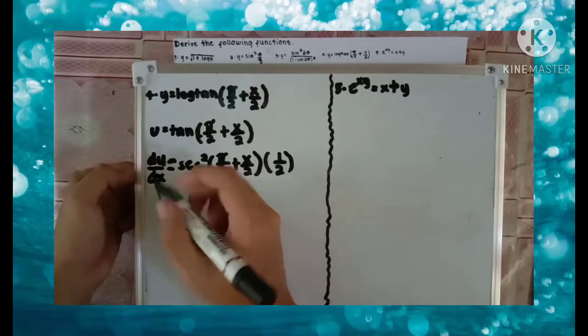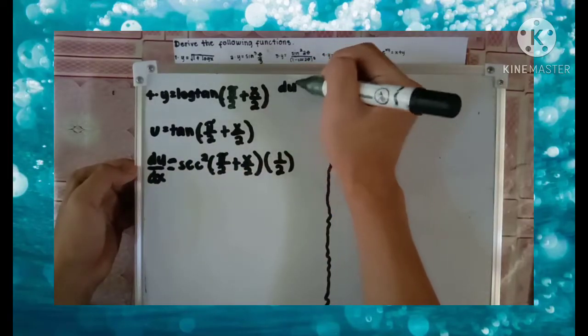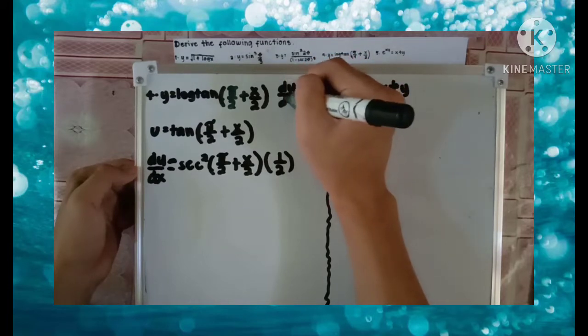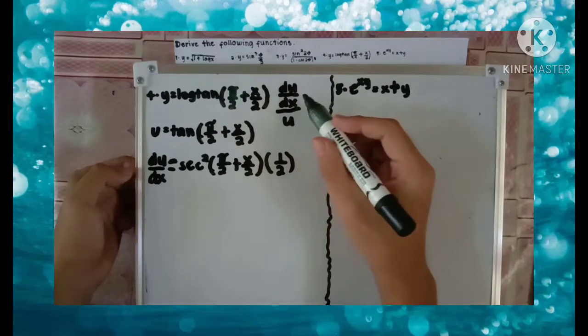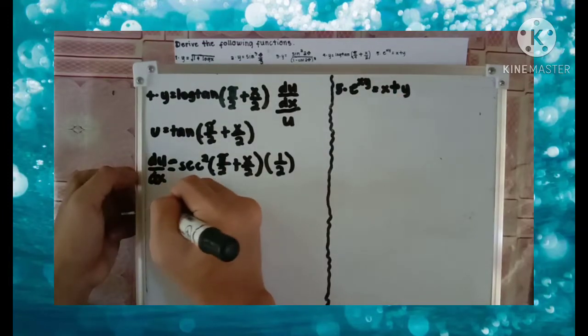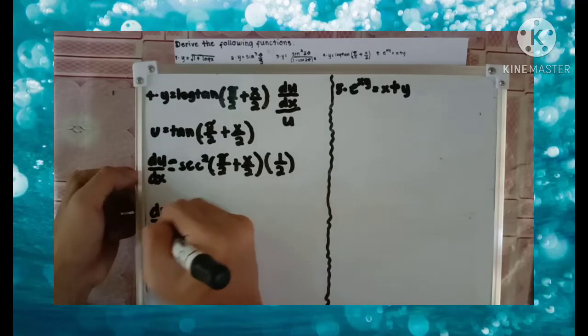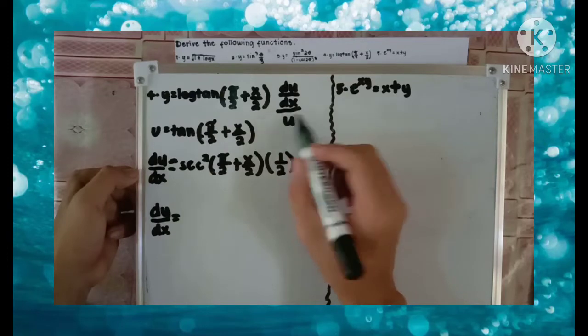So, in logarithmic function, we have the formula of du over dx all over u. So, ito yung gagamitin nating formula. dy over dx is equals to du over dx all over u.